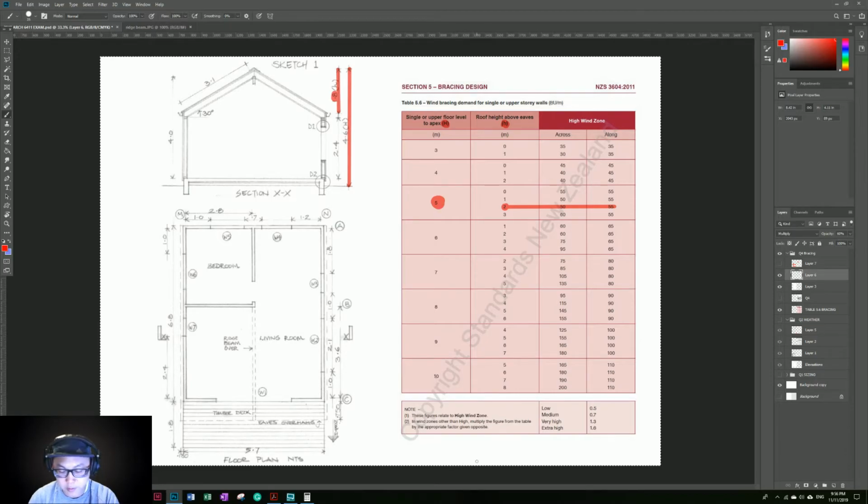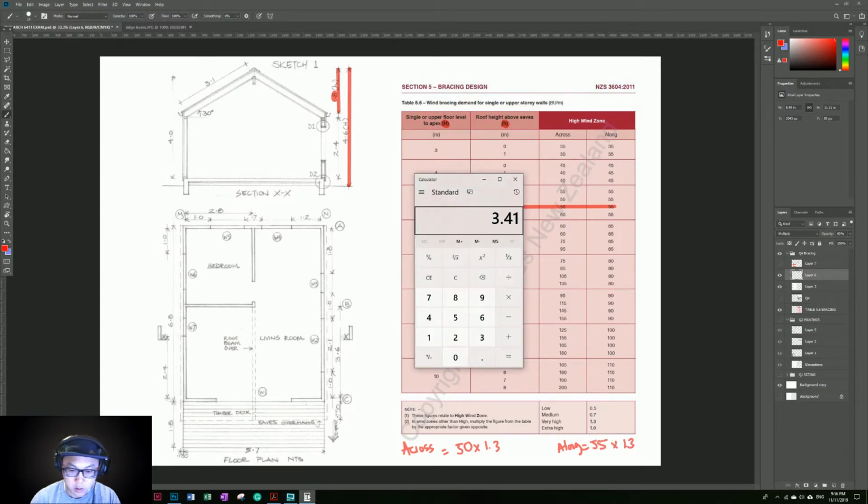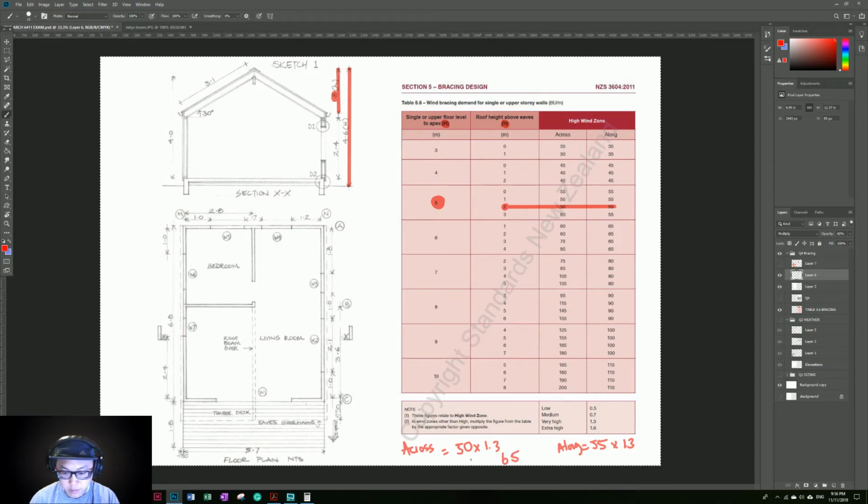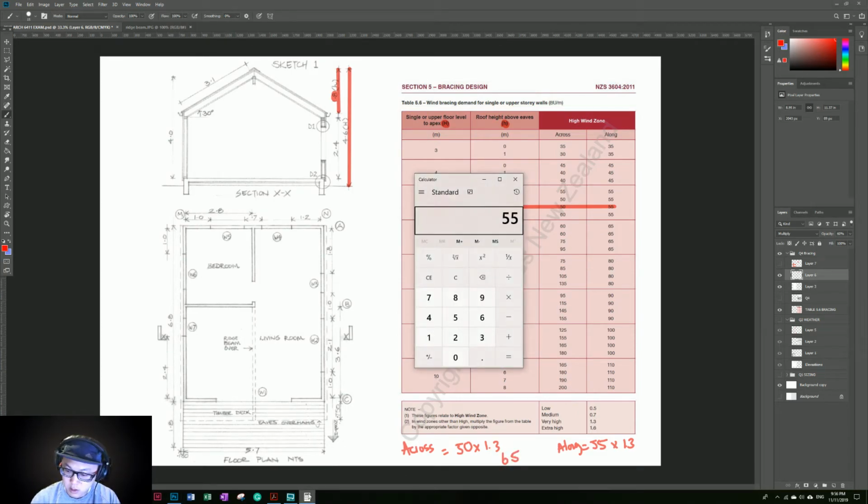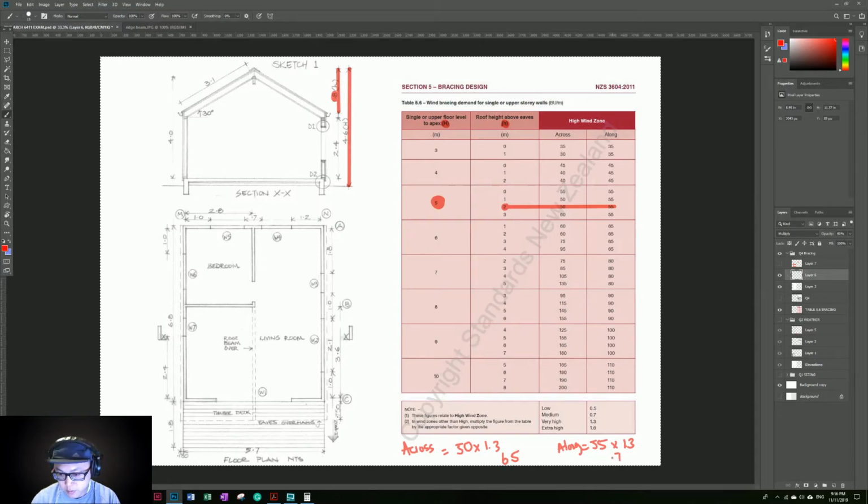So we would have the across equal 50 times 1.3, and the along, it's going to be 55 times 1.3. Calculators. So this one is going to be 65, and this one 71.5. 65, 71.5.